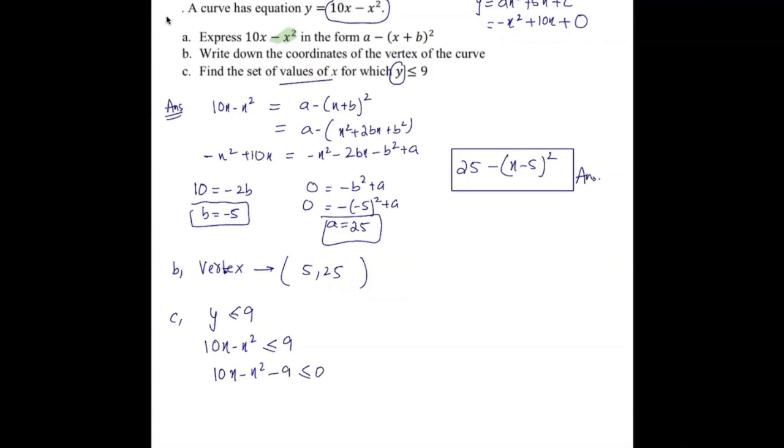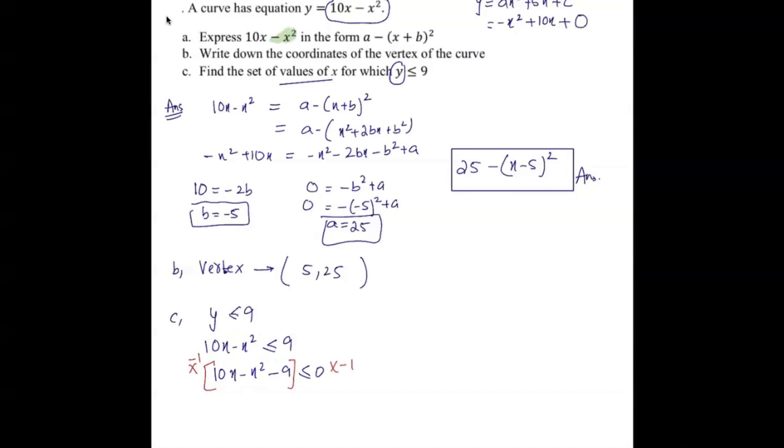Agreed? Yes, sir. But please remember that I will always try to have the coefficient of x squared as +1. If you multiply by -1, the inequality will also change. Whenever you multiply or divide an inequality by a negative number, the sign is going to flip.